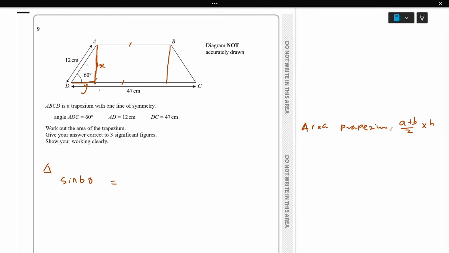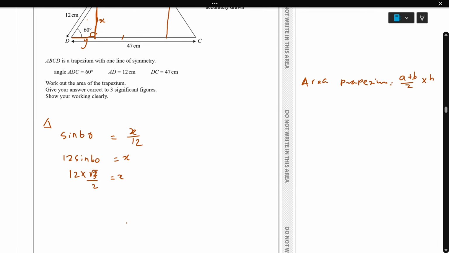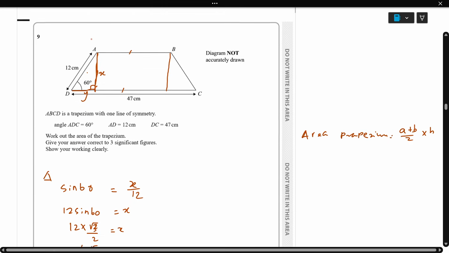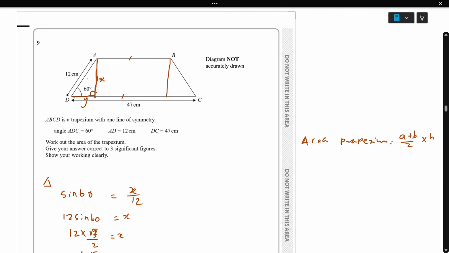Sine 60 equals opposite over hypotenuse, where the hypotenuse is 12, because this is 90 degrees, so x over 12. So 12 sine 60 equals x. Sine 60 is root 3 by 2. So 12 times root 3 by 2 equals x, which is 6 root 3. That's the height we got.